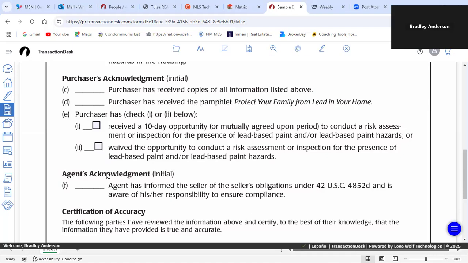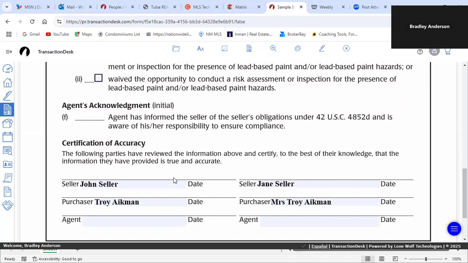And then this last initial, I'm not sure where they place it here, but this is for the agent to acknowledge. The agent will initial here to disclose that they have informed the seller of the seller's obligation under 42 USC 4852d, and is aware of his responsibility to ensure compliance.